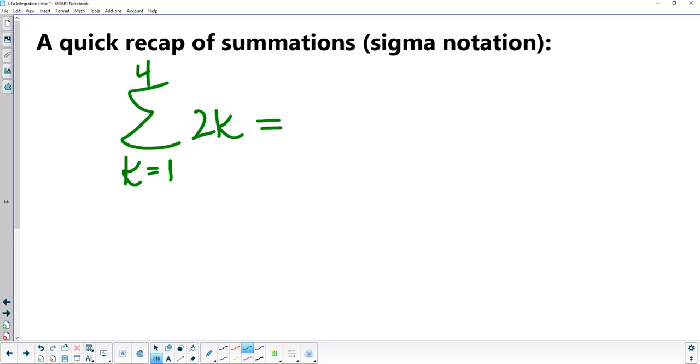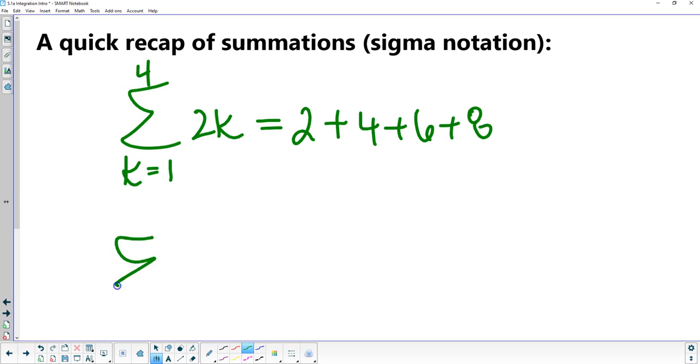If I plug in 1 for k, I would get 2 plus some. Now keep plugging in your k values. If I plug in 2 for k, I would get 4. Plug in 3 for k, I would get 6. Plug in 4 for k, I would get 8. And then you could add up all those: 20. And I would stop there. Does that make sense?